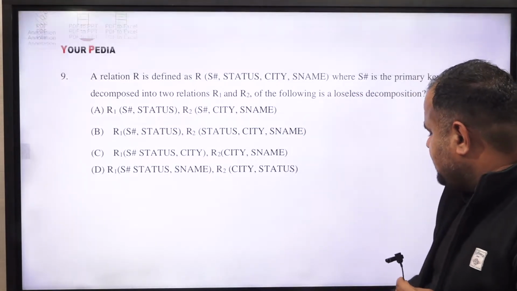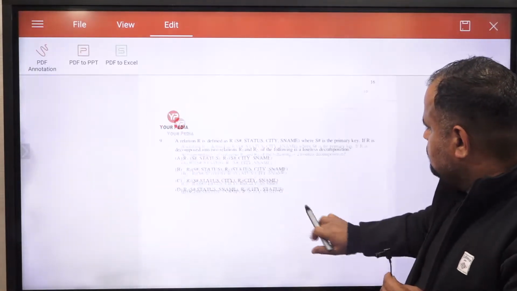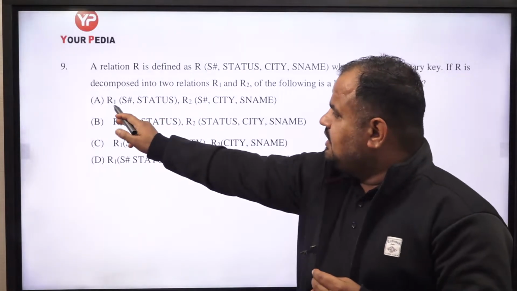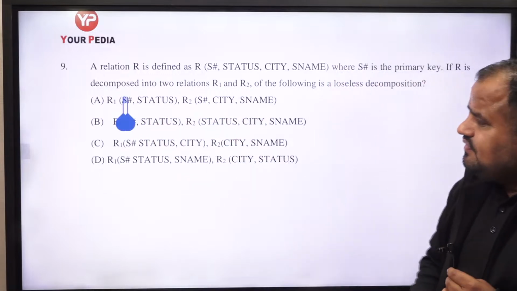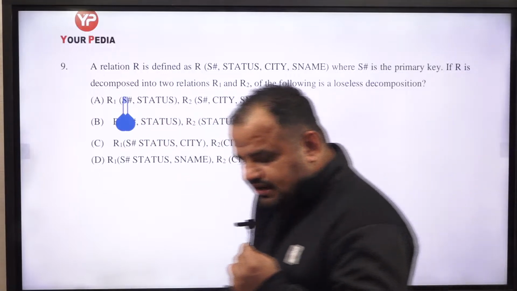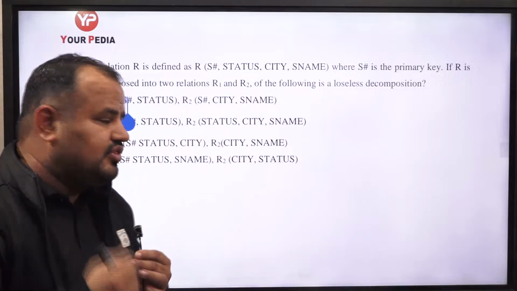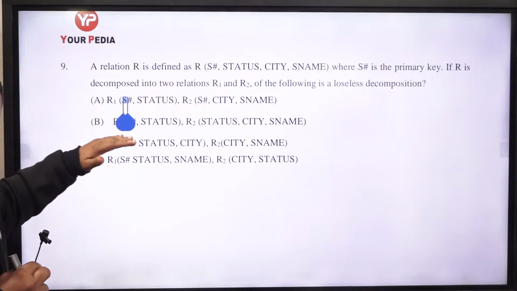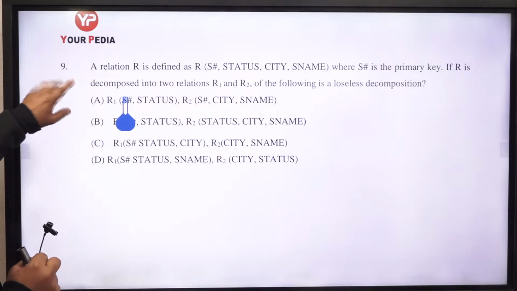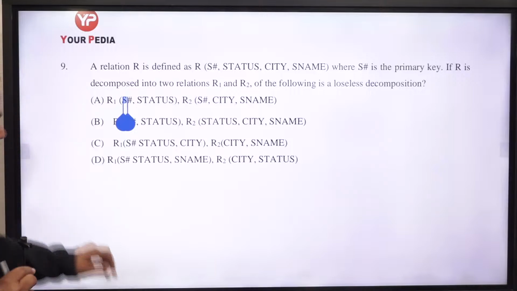In option A, S hash and S hash are the common attribute, and that is the key of R1 as well as R2. Why? Because S hash is the key of R also. So what is the right answer? A is the right answer. Very good, Partha. Next.